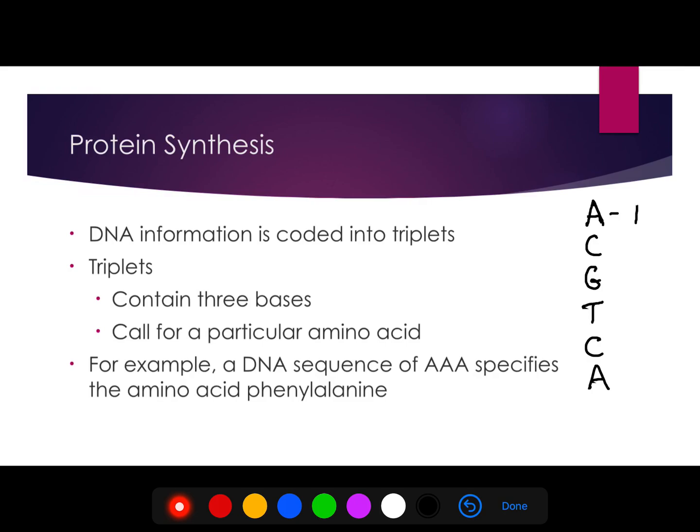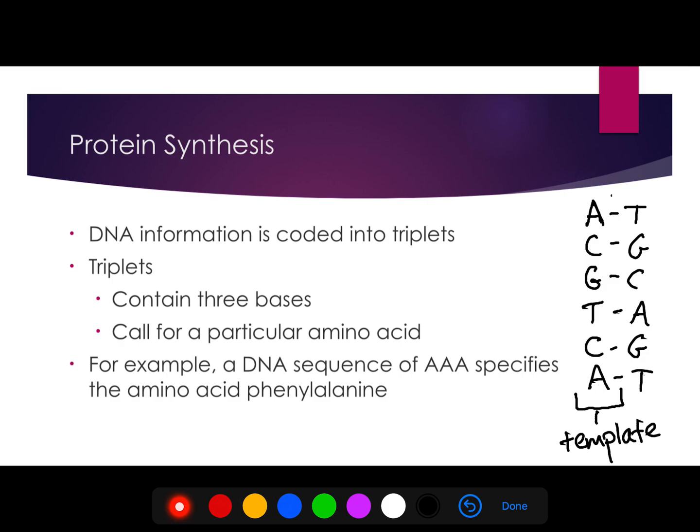So what you really would have would look something like this. If you have the complementary base pairs, remember that A's pair with T's and G's pair with C's. So this is what a double-stranded piece of DNA might look like. Well, one of these strands, we'll talk about this more in a second, is called a template strand. That's the one that will actually be used during the production of protein.